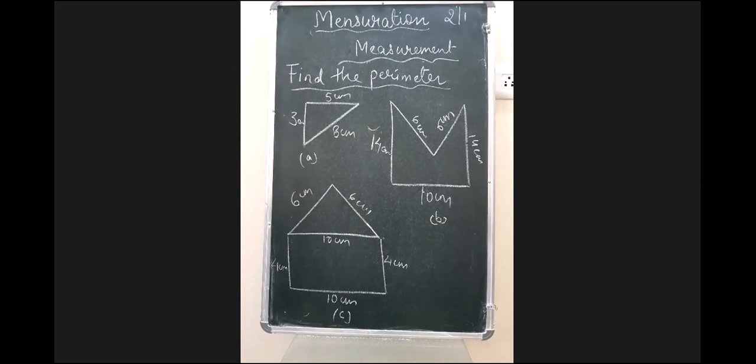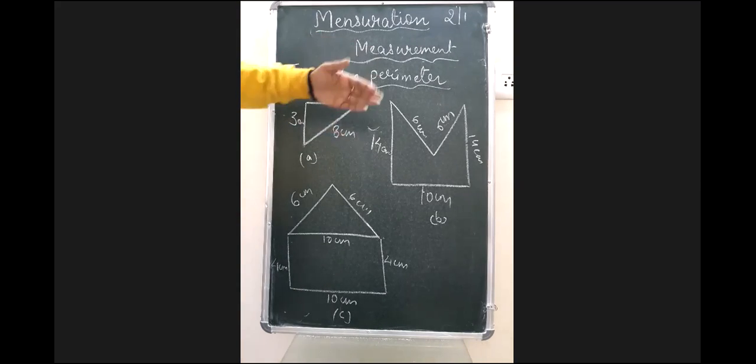And remember, the unit is compulsory to mention, beta. Measurement cannot be done without units. That is why in the beginning I first taught you about the unit. So 16 centimeter will be the answer for the first question.